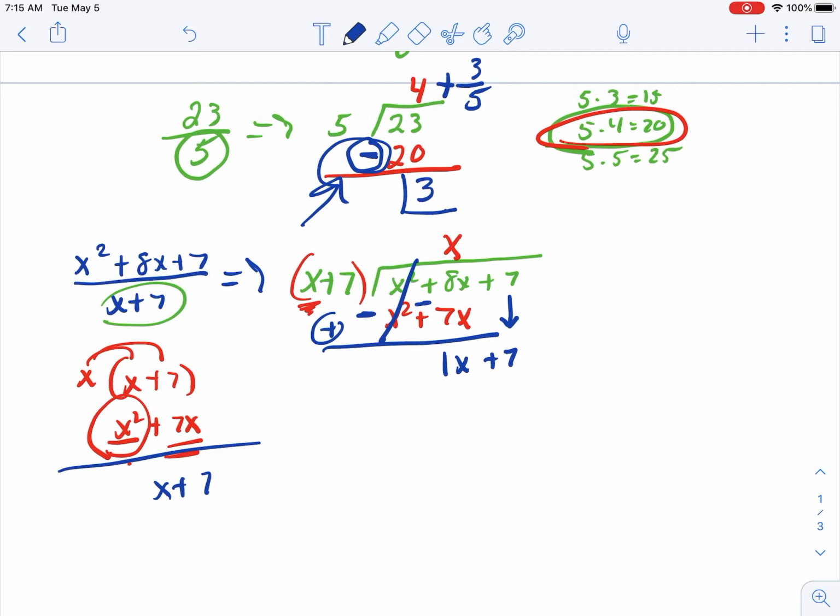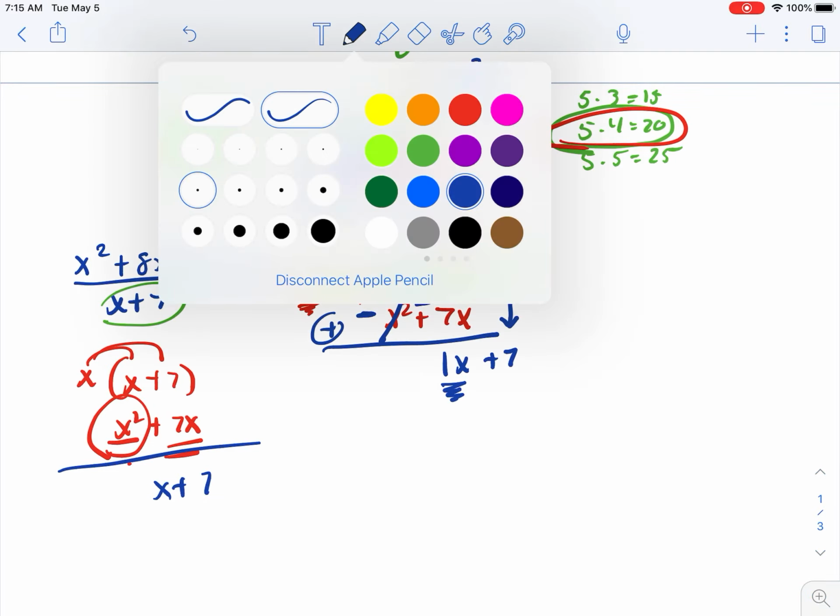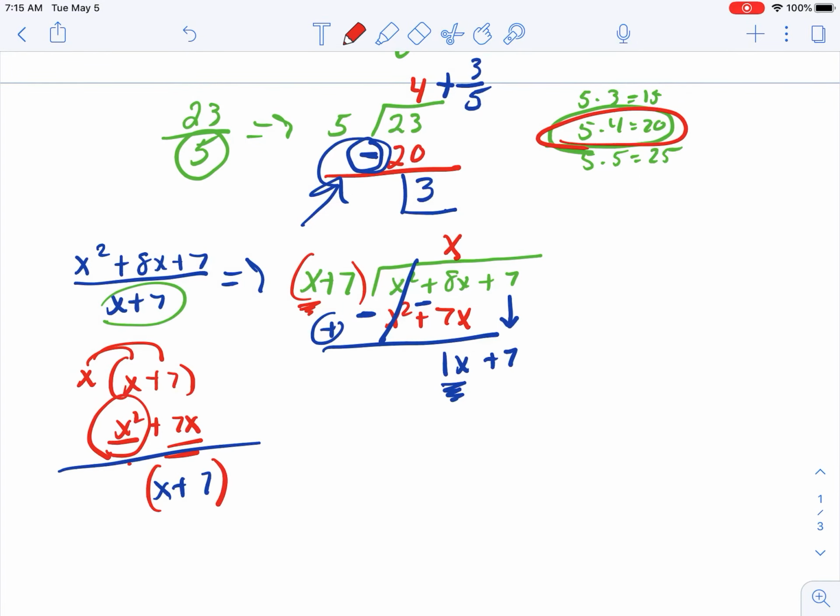So, what do you multiply by x plus 7 to get an x? Okay, go back to red here. So, I'm going to multiply by 1. If I multiply by 1, I get x plus 7. This and this number is what I'm trying to get. So I have 1x plus 7.